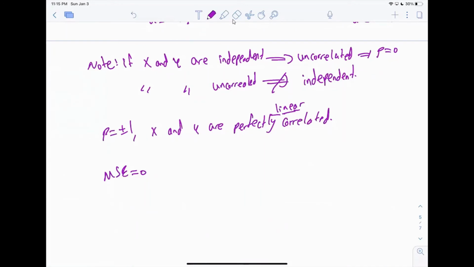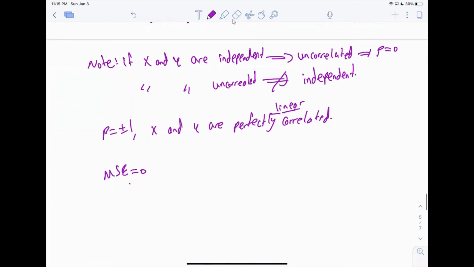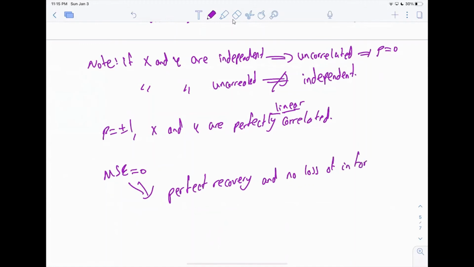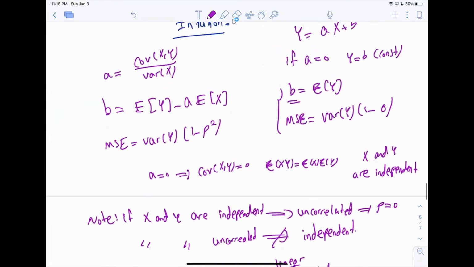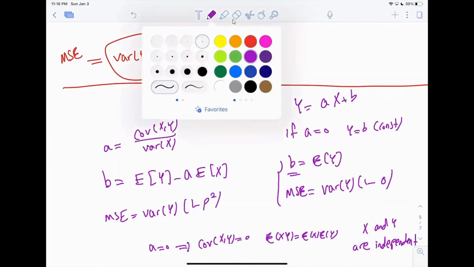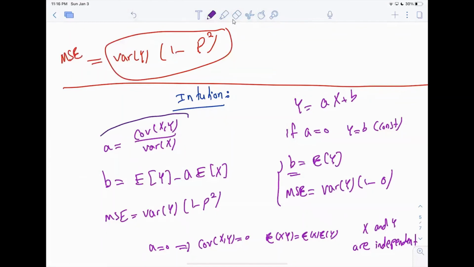Exactly. No loss in the information. So this means perfect recovery and no loss of information.